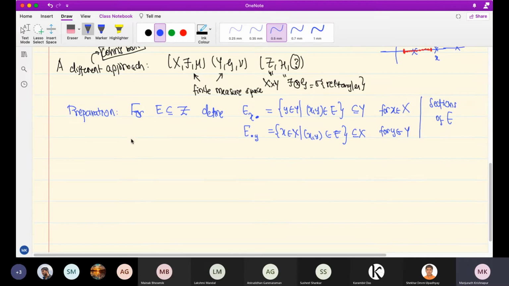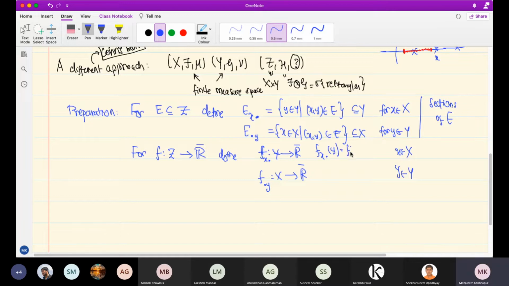Similarly, for functions also you can do this. For f from Z to, you can take it to any space, but let me take the usual extended real numbers R bar. Define f_x dot as a function from Y to R bar, and similarly f dot y will be a function from X to R bar, where of course x is in X, y is in Y. So if I fix an x in capital X, f_x dot is a function on Y defined as f_x dot of y equals f of (x, y), and f dot y of x is defined as f of (x, y).